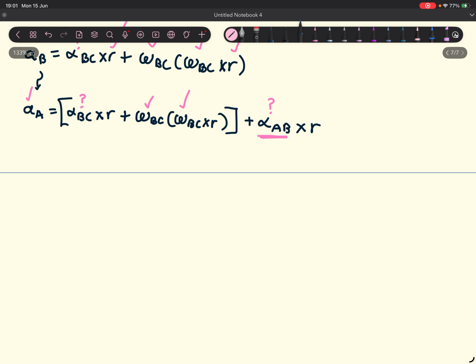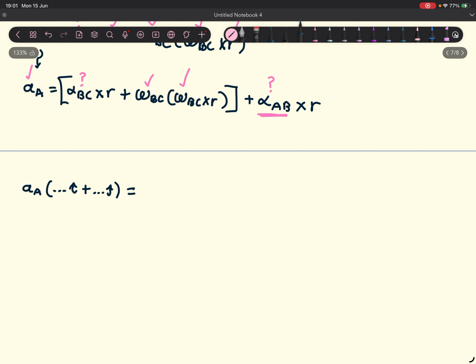So what we'll do is we'll decompose everything. So we're going to get the acceleration of A, the magnitude of the acceleration of A, and then it will have its I component and its J component, and that will equal alpha BC, and then whatever this gives you in its I component and its j component, right?